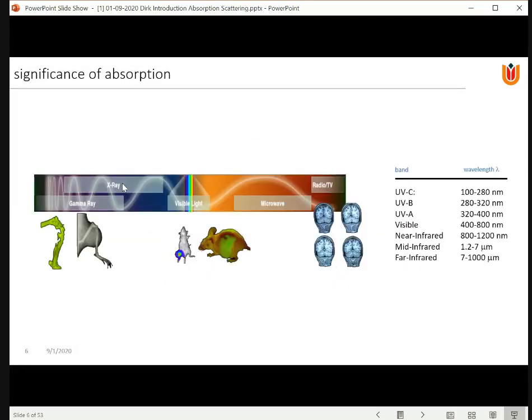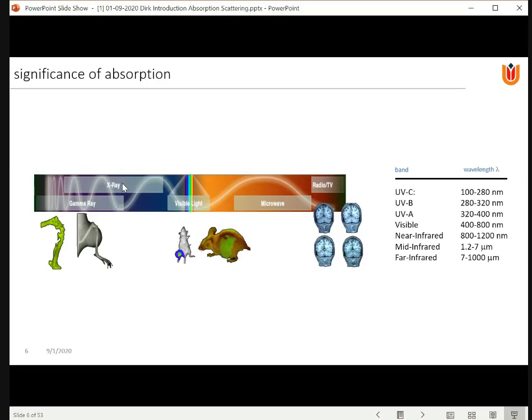So why is absorption so important? Well, if you look at the electromagnetic spectrum, this is a depiction where on the left hand you have X-rays, gamma rays. On the right hand side you have MRI kind of wavelengths, and in the middle you have techniques that work in the visible.